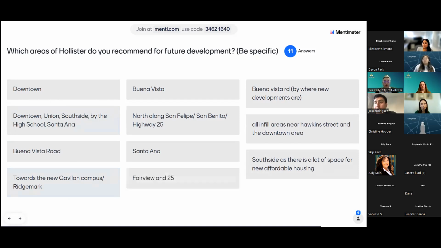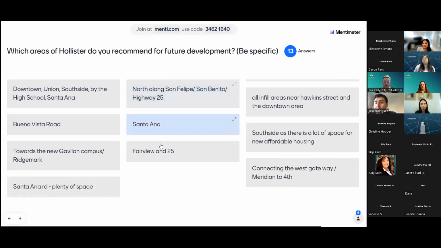Okay, I see some more infill areas near downtown, as well as along Highway 25, as well as Santa Ana Road. Yep, Devin, I see your hand up if you'd like to go off mute.